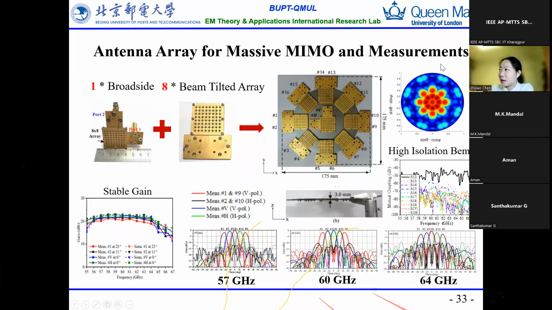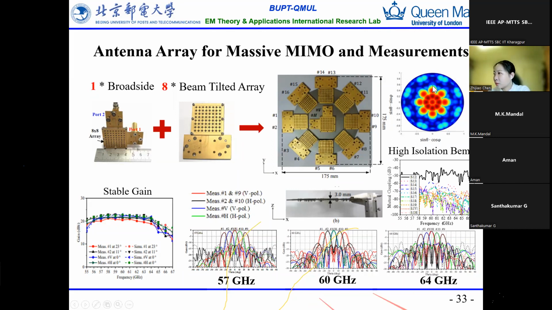You do the mapping, and here we can see there is seamless coverage in this area, and very stable gain over the operating frequency, and also for each plane, for example, this plane, the radiation pattern is stable over 57 gigahertz to 64 gigahertz.